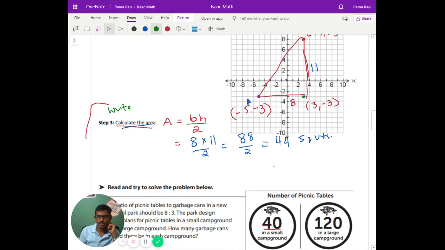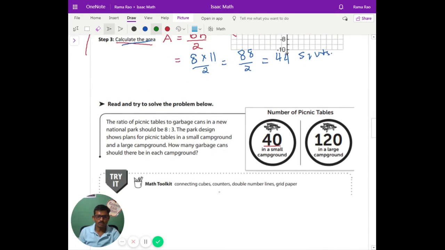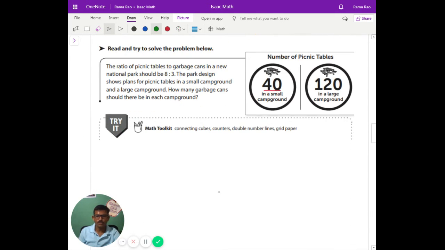Let's look into the next one. What we're going to do is try a strategy called try, discuss, and connect. Last year, when you were in the classroom, you used different strategies, like talking to a partner or group work.